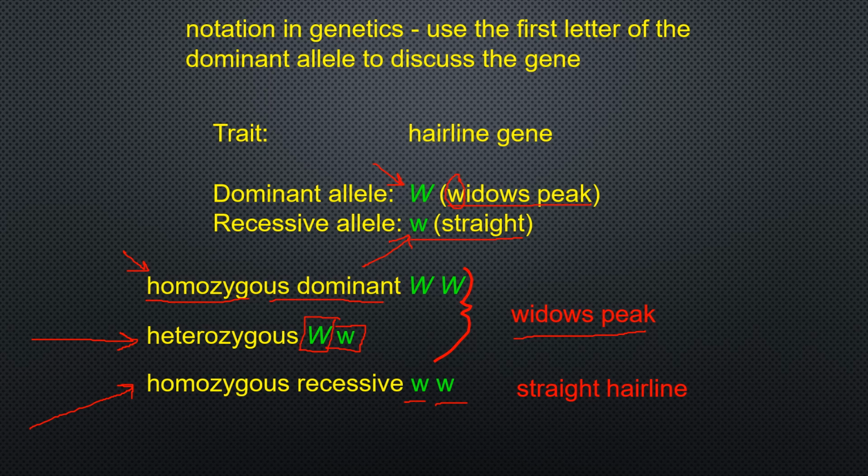And this is the only version in which you get a straight hairline, because of the absence of the dominant gene, the recessive gene can then be unmasked or demonstrated. So homozygous, both of the same alleles, but both recessive in this case, is going to give you a straight hairline phenotype.